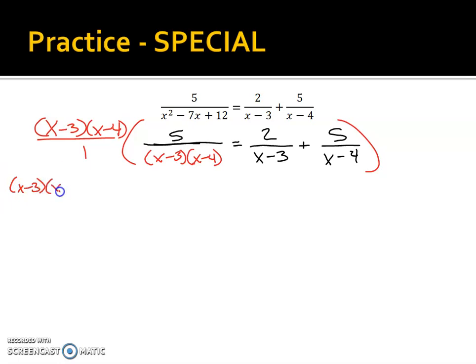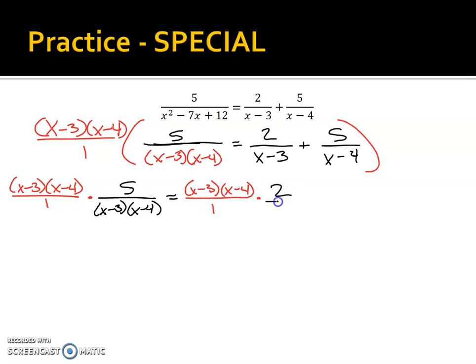X minus 3 times x minus 4 over 1 times my 5 over x minus 3 times x minus 4 equals x minus 3 times x minus 4 over 1 times my 2 over x minus 3, plus x minus 3 times x minus 4 over 1 times my 5 over x minus 4.